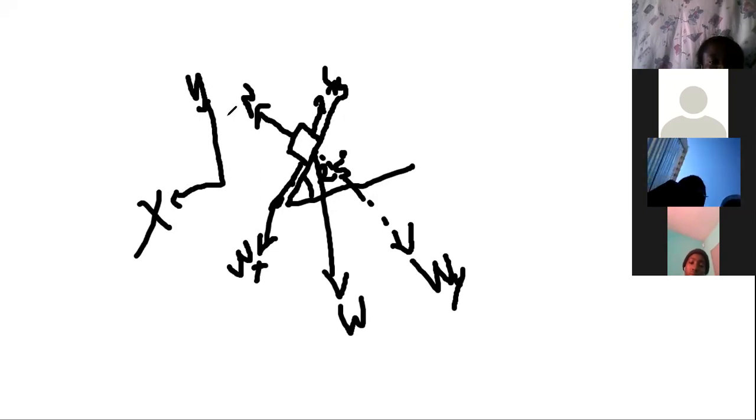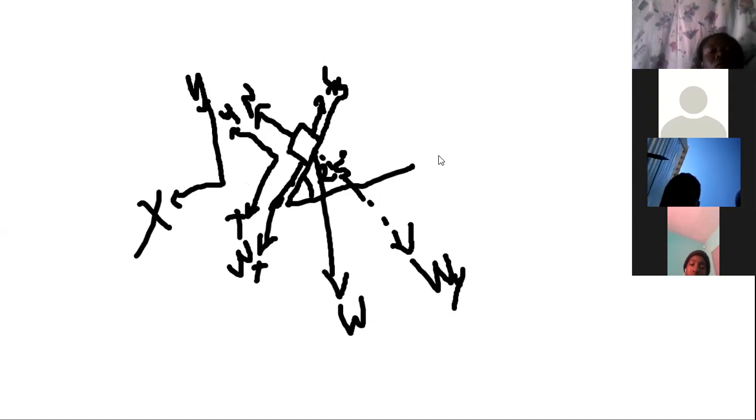My drawing is not that good, but the vertical one is my y, and the one like this is my x.